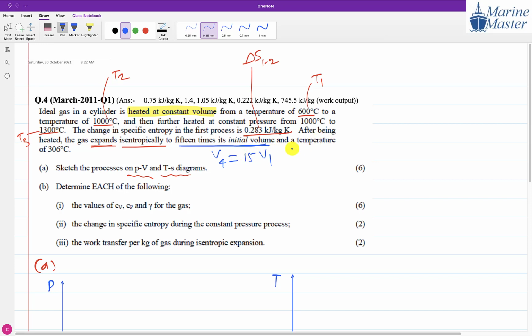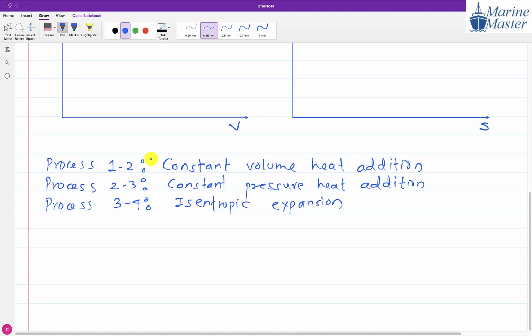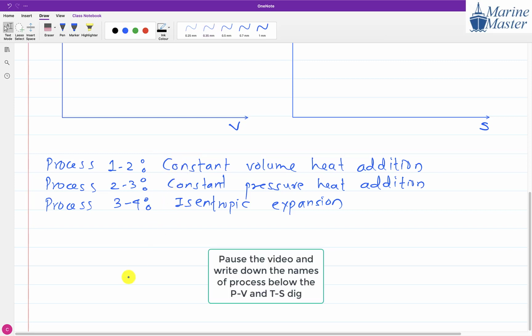And the temperature of 306 degrees Celsius will be the temperature of T4. These are the 3 processes. Before going further, please write down the names of these 3 processes.